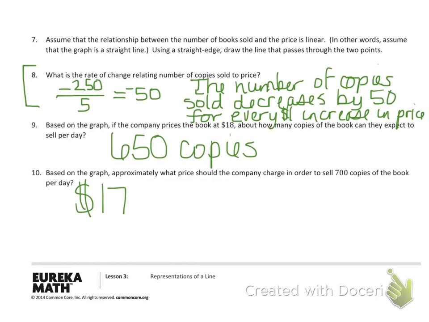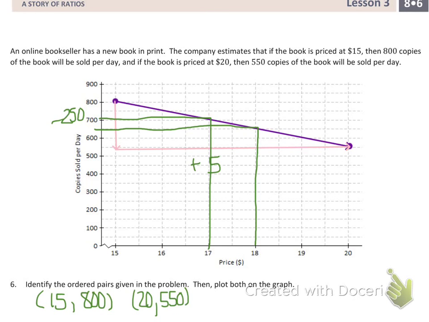So do you think this situation seems reasonable? Why would the number of copies sold decrease as the price increases? I think we can probably all relate to this. It does seem reasonable because the more expensive a book is, the fewer people can afford it. People aren't going to be as motivated to pay $20 for a book as to pay $15. So it's an interesting situation.